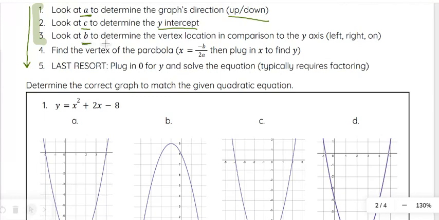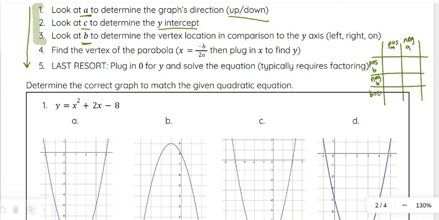Then we look at B, and remember for B, we look at that table, essentially looking at if A is positive, if A is negative, if B is positive, or if B is negative, and then also if B is 0. So that's what we look at.